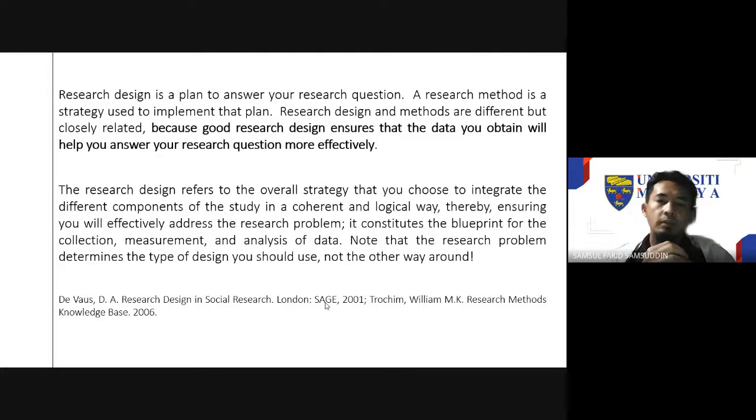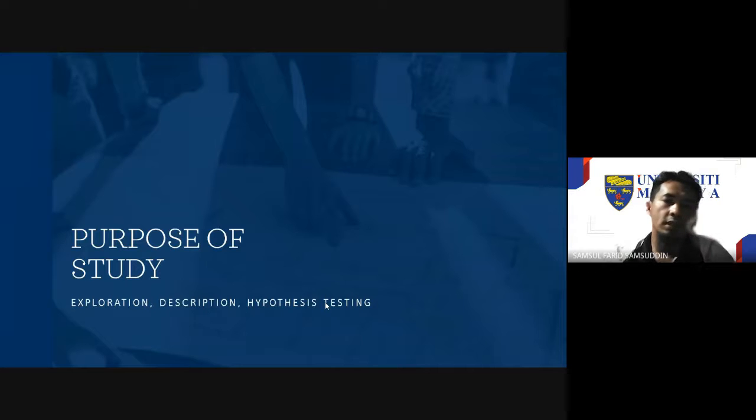You have to clarify very clearly what type of research design will be conducted throughout your study. If not, your research question or research problem cannot be addressed if you have mistakenly used another type of research design. So this is very important, the first part of your research.